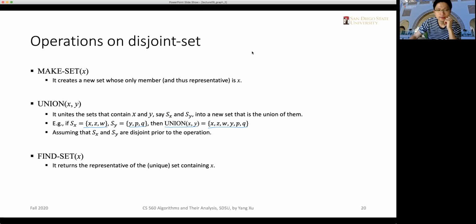All right, and the third function we use in the algorithm is find set. It returns the representative of the unique set that contains X. So it basically tells us what the set for X is.